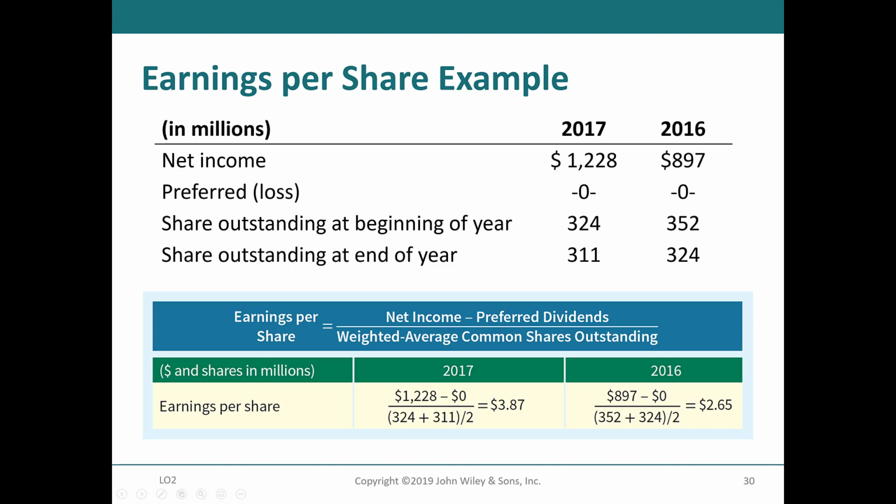Divide that by 2 and divide into the net income, and that gives us 3.8. Now if I want to compare accurately, I'm comparing 2016 and 2017. I'm saying that we did a lot better in 2017 compared to 2016. Okay, like I said, the higher the better.